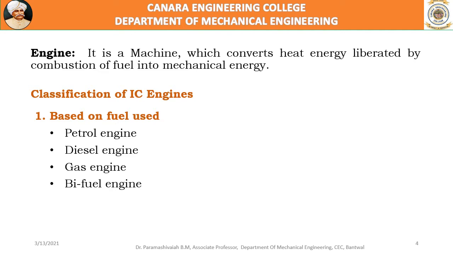So these IC engines, reciprocating internal combustion engines, can be classified in different ways. So we will see the various ways how we can classify the IC engines. Number one, based on the fuel used for the engine, they may be classified into petrol engine, diesel engine, gas engine, and biofuel engine.